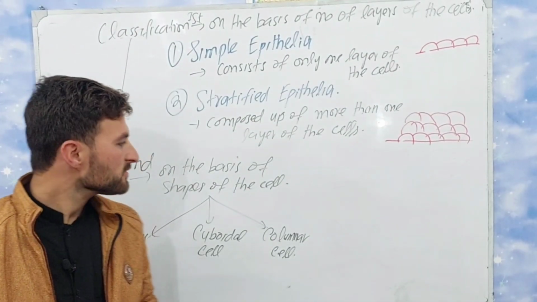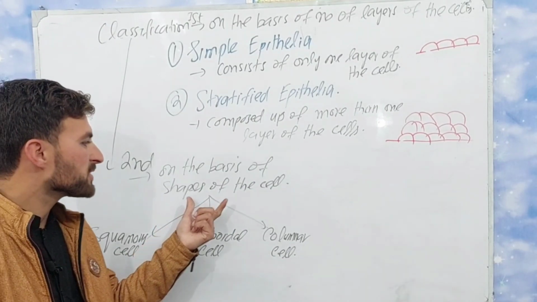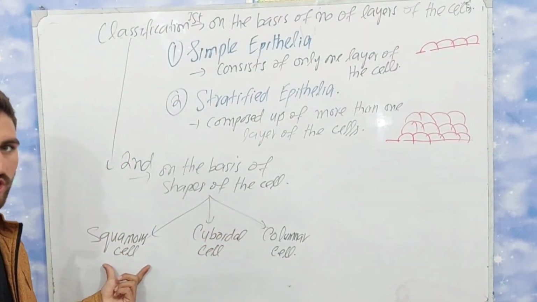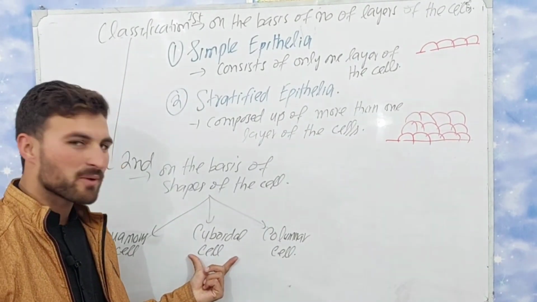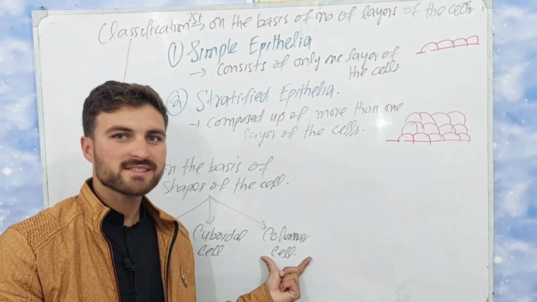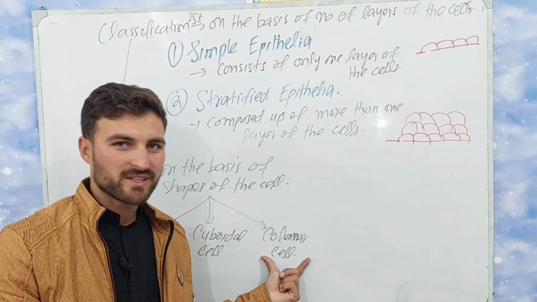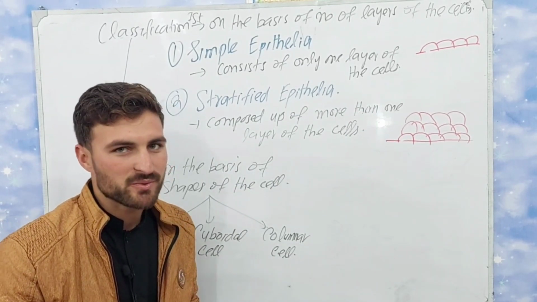On the basis of the shapes of the cell, we have these three types. The first one is squamous, the second one is cuboidal, and the third one is columnar. So let's discuss these three individually.